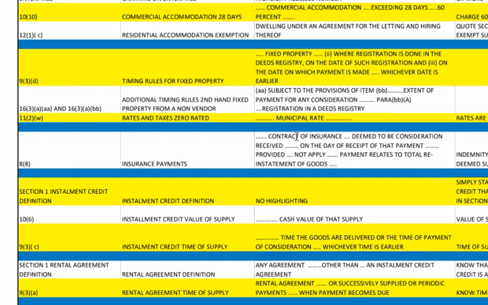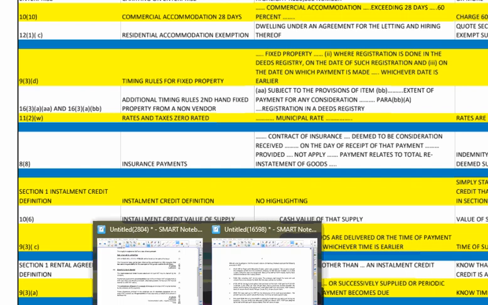It says on a contract of insurance, it's deemed to be the consideration received, so whatever they pay you out, on the date of receipt of that payment. So the timing is when they make the payment, and it will not apply to the total reinstatement of goods. So it's a deemed output VAT on the date of receipt. How much is the deemed output equal to? The amount of the payment, unless it's a reinstatement of goods itself.